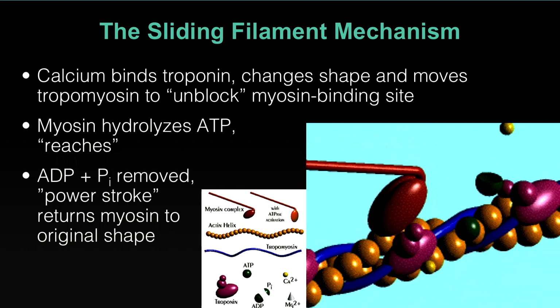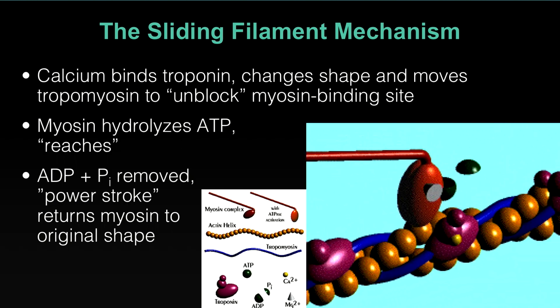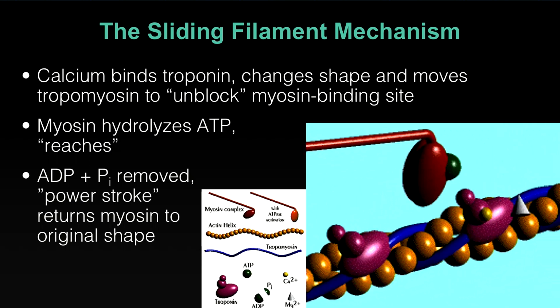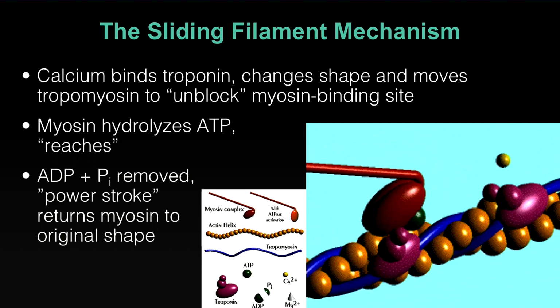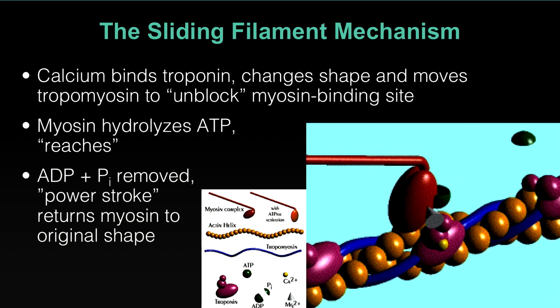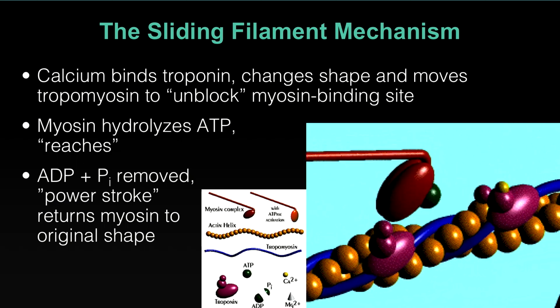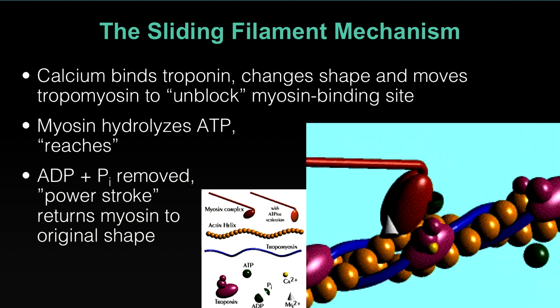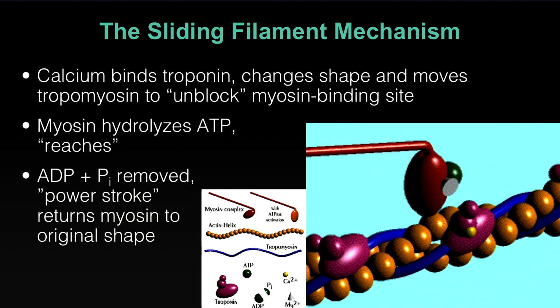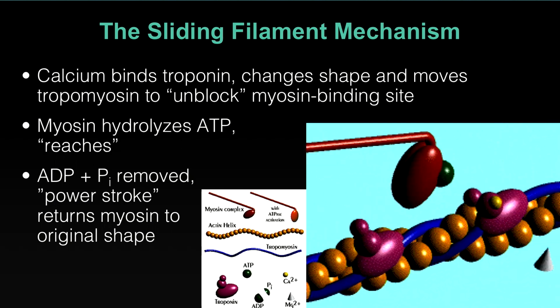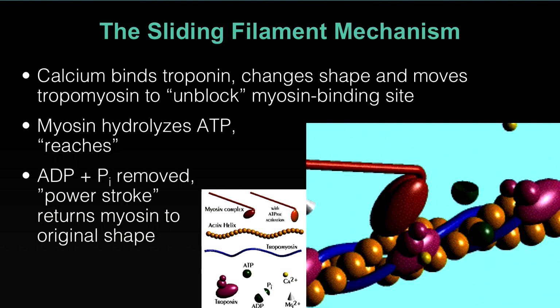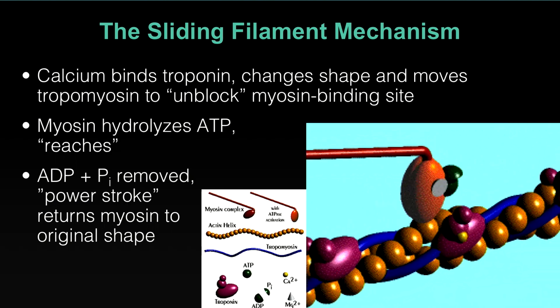And that shortening is referred to as the power stroke of contraction, or the power stroke of this myosin cycle. The energized protein can then pull on the actin molecule and shorten the sarcomere. ATP is hydrolyzed.